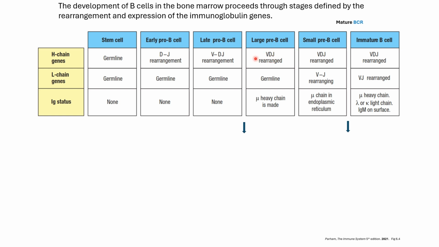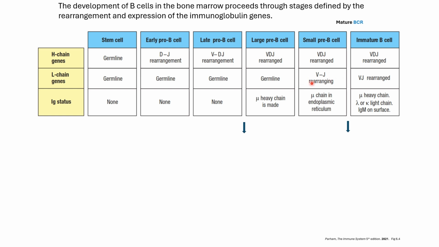Once we enter the pre-B cell stage, all the VDJ recombination on the heavy chain has been completed, and nothing has happened in the germline light chain. But the heavy chain is made, and this Greek letter mu refers to the fact that the constant region will be IgM. So an actual heavy chain protein is now being made.